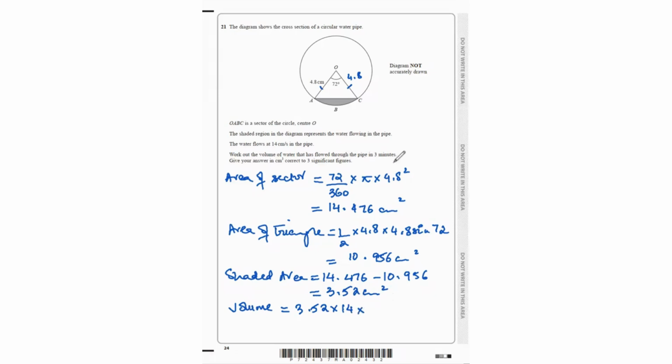And then since we want to find the flow for 3 minutes, 1 minute has 60 seconds. So for 3 minutes, it's going to be 3 times 60. So you multiply all of this, and what we get is 8,870 centimeter cube. That is the volume of the water flowing through the pipe in 3 minutes.